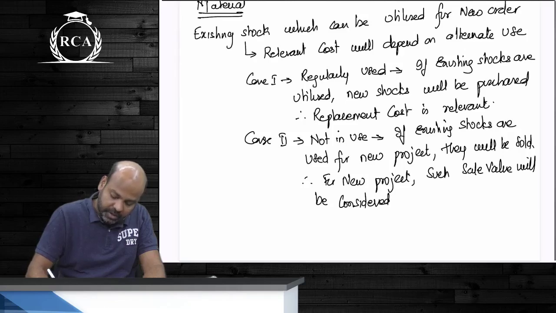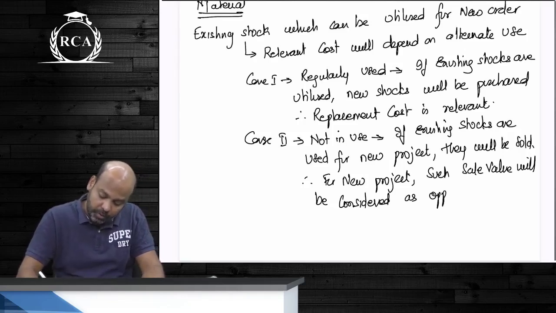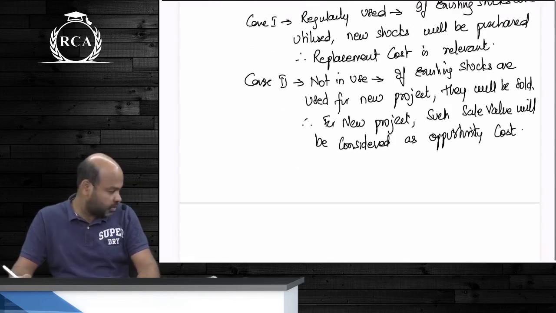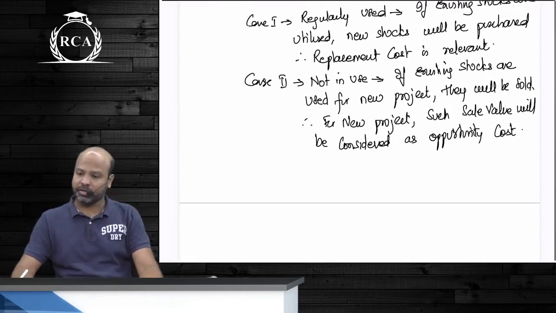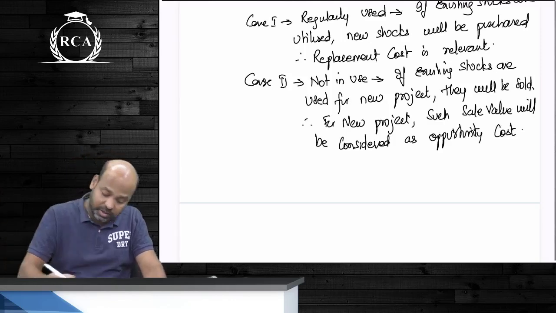Will be considered as relevant. Opportunity cost. Yes or no? For the new project, the sale value will be considered as opportunity cost. I'm not making you write about that toxic material. No more confusion; let us write only the basic relevant case.